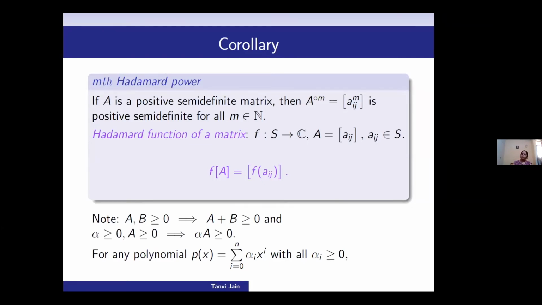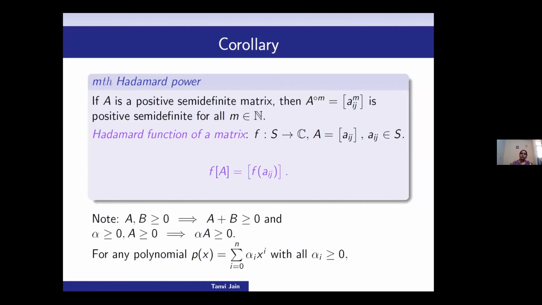And therefore, if you keep on doing that, we can introduce the mth Hadamard power of this matrix, a_ij to the power m. If A is positive semi-definite, a_ij to the power m will be positive semi-definite.